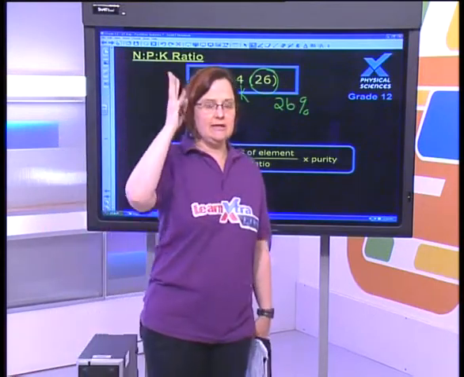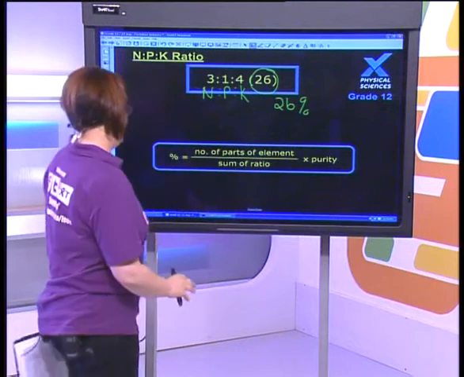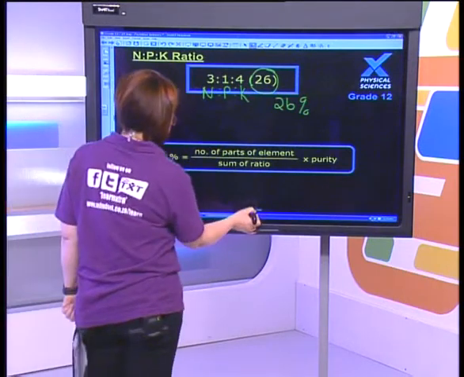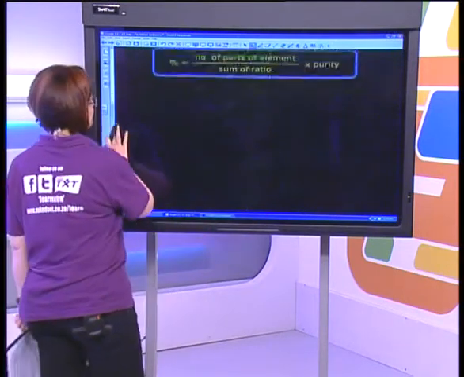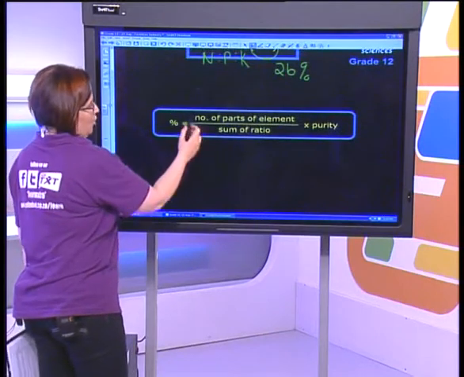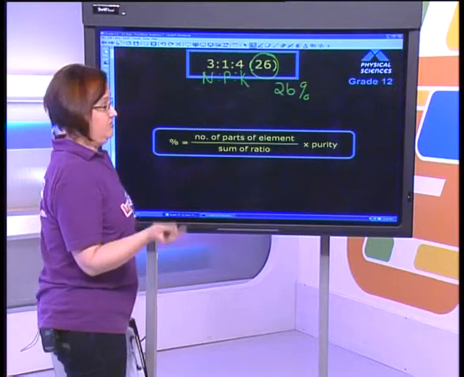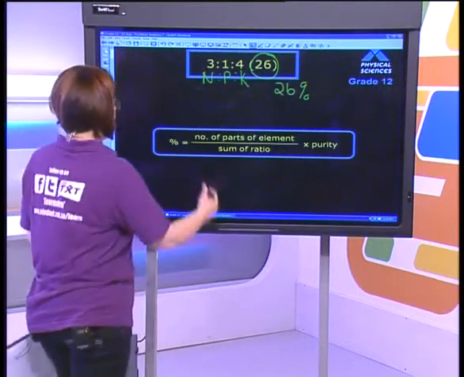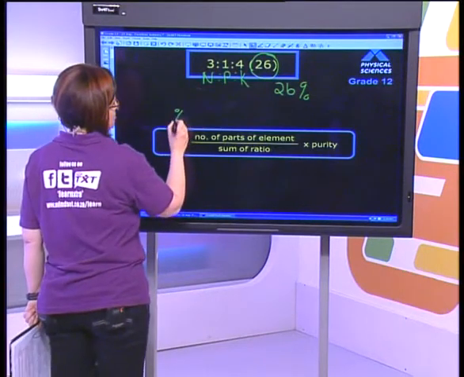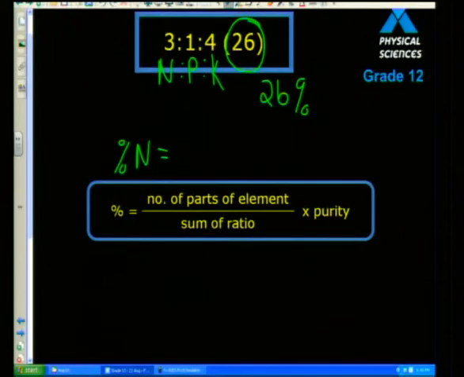So it starts to get a little hinky in your head. But if I wanted to know the percentage that the nitrogen makes up of a bag, in this case the percentage nitrogen is 3 parts nitrogen and the total is 8, times 26, percent.